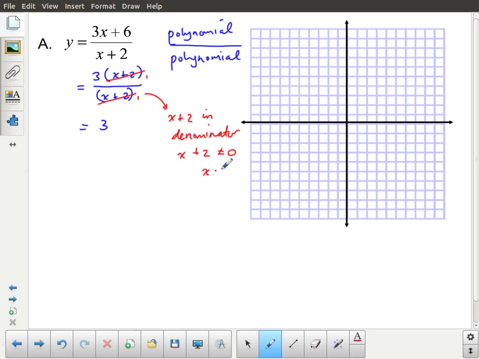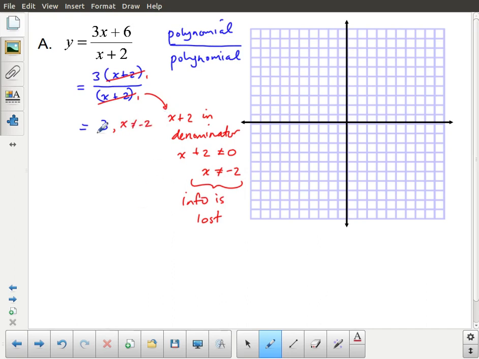And that's the same thing as saying that x is never allowed to be negative 2. And this is an important thing to keep track of, because when I divide out those two common factors, this piece of information is lost. And because this information is lost, we need to keep track of it by stating this restriction.